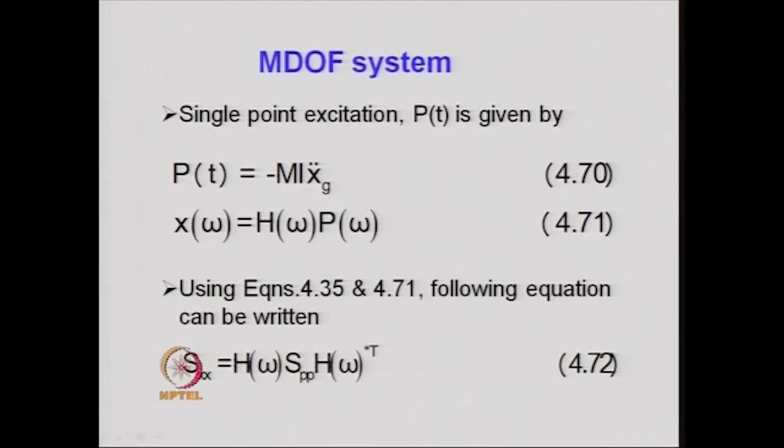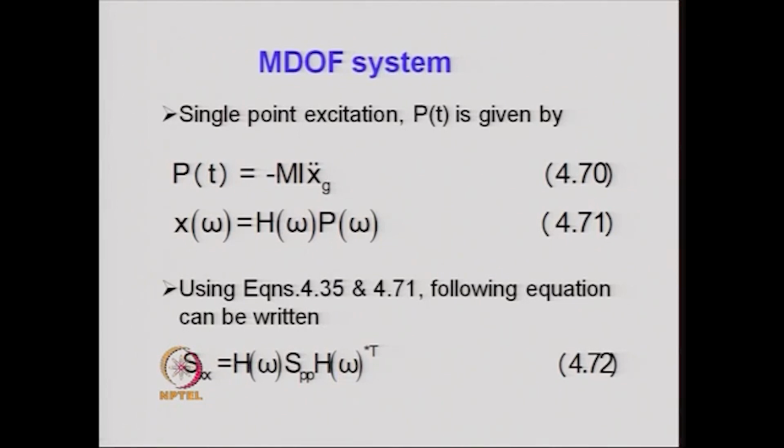So this is a standard relationship that we use for the case of a multi-degree of freedom system. What you have to simply do is find out the FRF, that is the frequency response function matrix for the system, which is equal to the inverse of k minus m omega square plus i c omega.